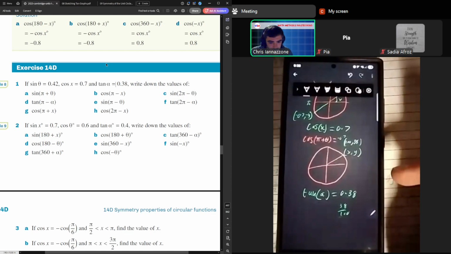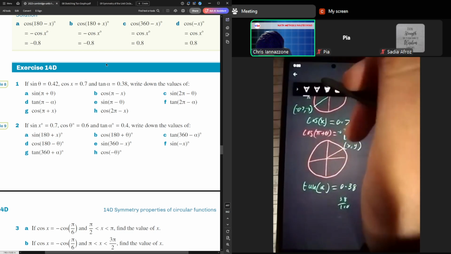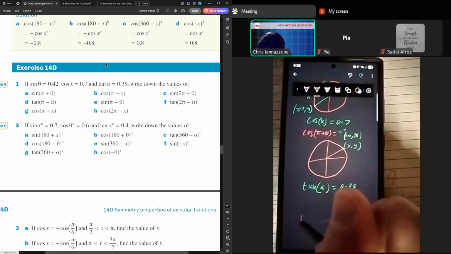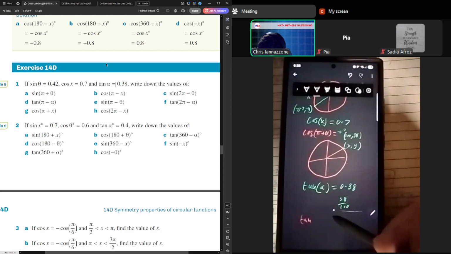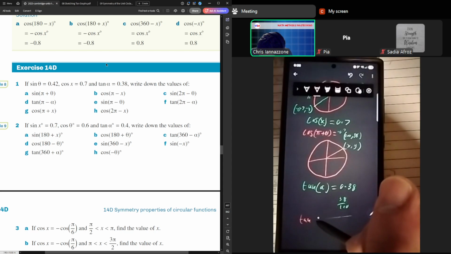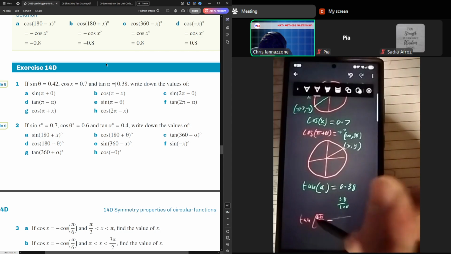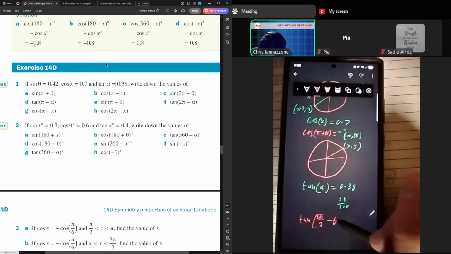And then what else? Here's a trickier one. What if I said tan of... Now, how can I do this properly? Actually, no, yes, I can, I think. I think I can do this. Tan of 3 pi over 2 plus theta.